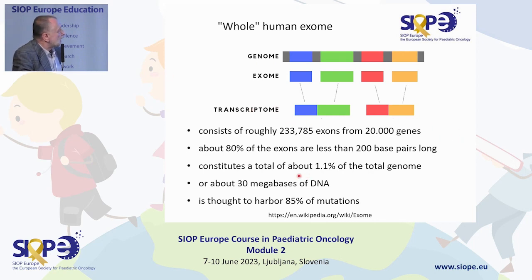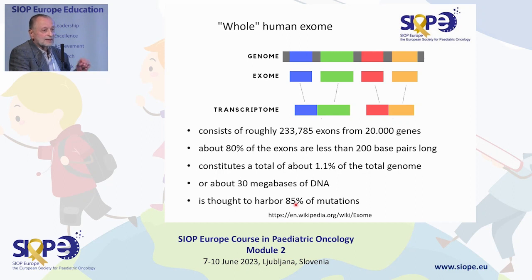About 80% of the exons are less than 200 base pairs long. That's why it is very good for exome sequencing, because it's short read sequencing. And it constitutes about 1.1%, only about 30 megabases of DNA from about 3 or 6 billion base pairs in the diploid genome.